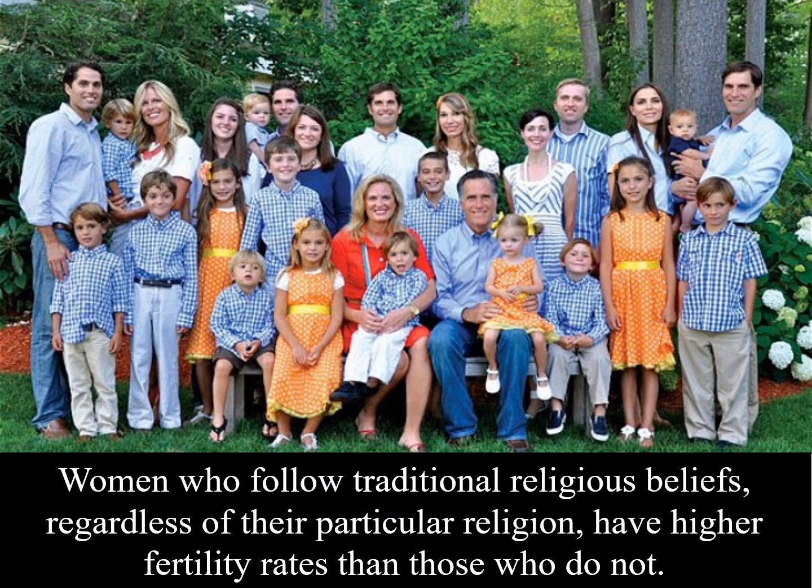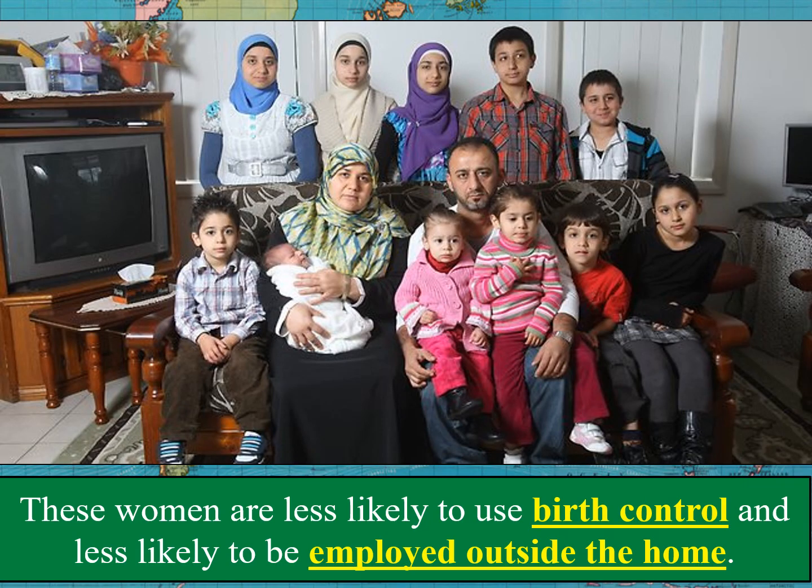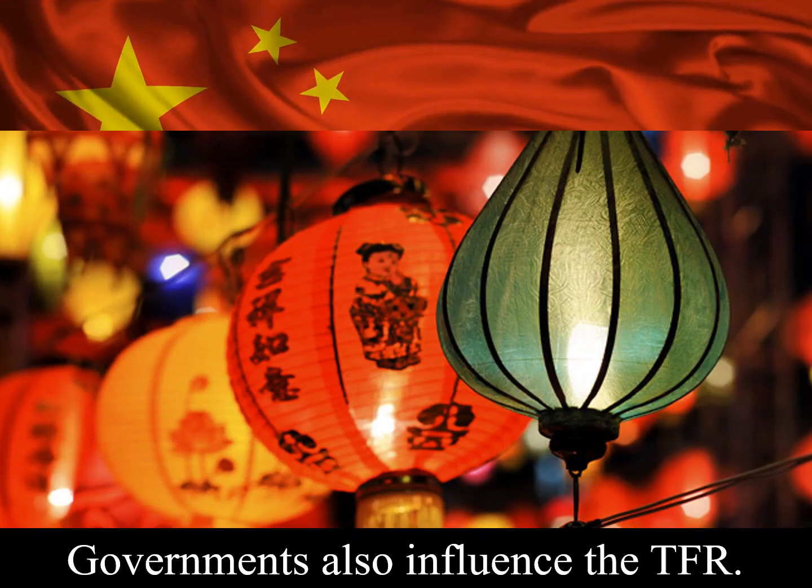Women who follow traditional religious beliefs, regardless of their particular religion, have higher fertility rates than those who do not. These women are less likely to use birth control and less likely to be employed outside of the home due to those traditional values. Governments also influence the TFR.